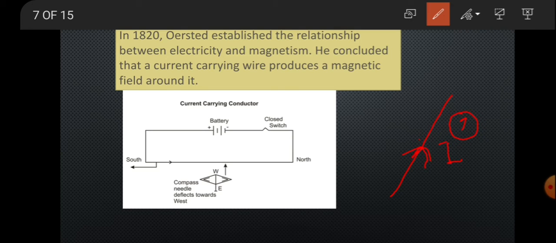So the basic result is that a current carrying wire produces a magnetic field, and the direction of the magnetic field can be determined by the right hand thumb rule. This is the Oersted experiment.